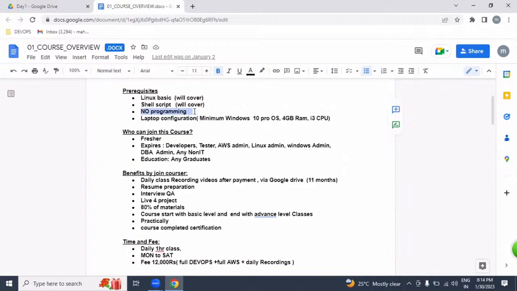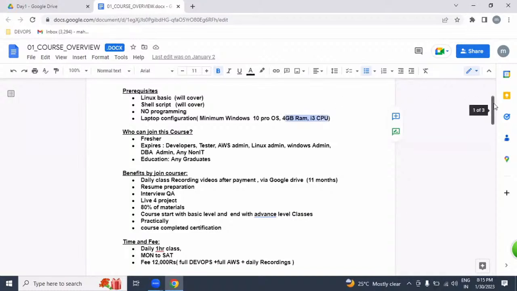We're only writing formats like YAML, Ruby, and XML formats. There are no if-else conditions; at most we use only an if condition. For practice, you definitely need a laptop with this configuration: minimum 4 GB RAM, minimum i3. If it is more than this, well and good.